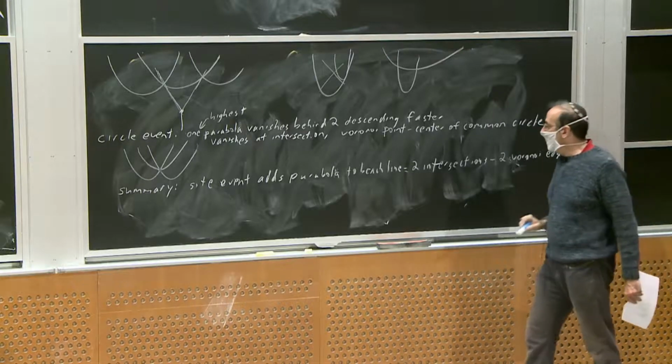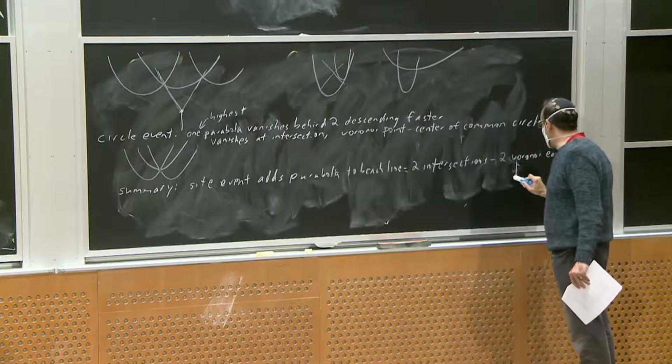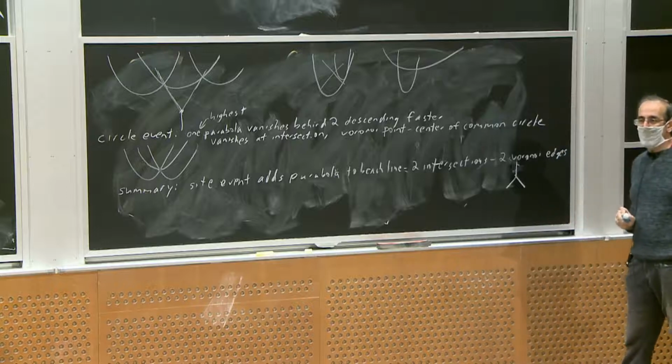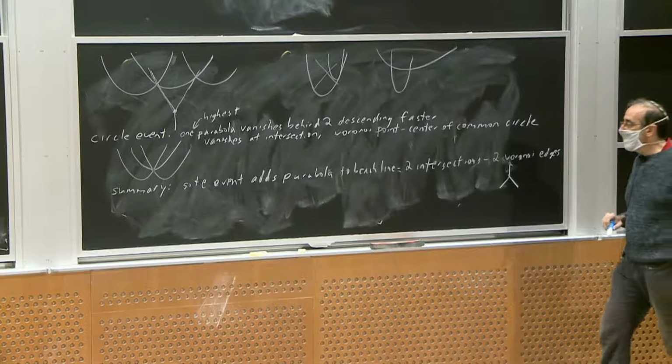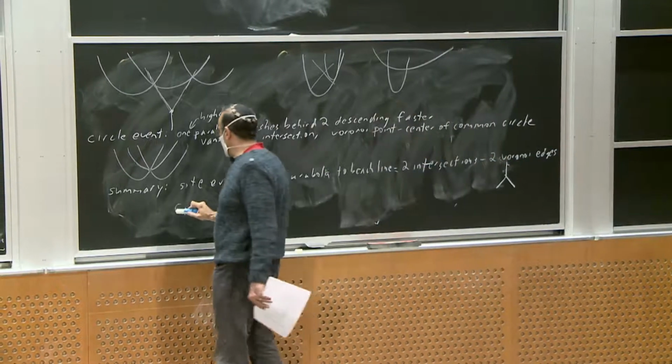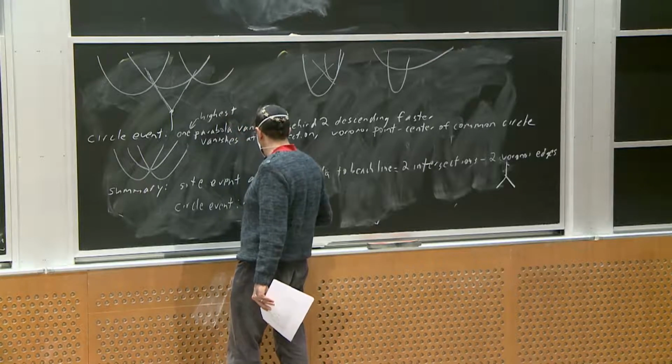Okay? And so that's what happens as you descend and one Voronoi edge splits into two. The circle events are the other way around. Those remove a parabola.